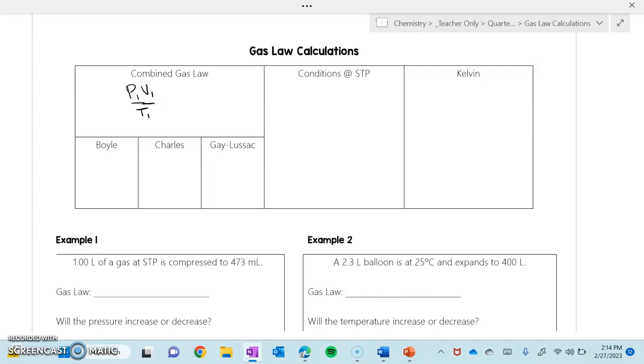And so this is supposed to be constant, or it will remain proportional in their amounts from any change that you might make. So in these examples, we're going to be looking at a before and after of the gas. That's why I put 1s next to all of these. But this proportion, or this relationship between all of them, needs to stay constant.